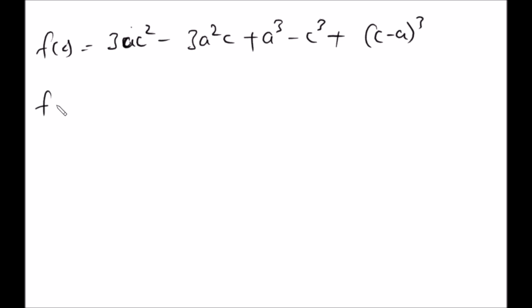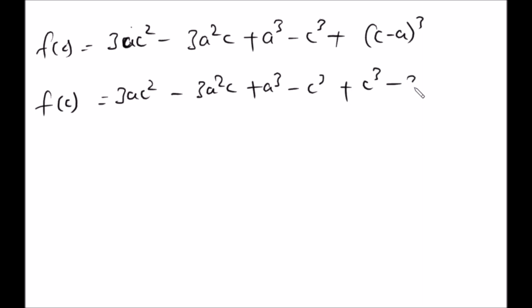So to expand huyo ya mwisho, fc atakuwa ni 3ac squared minus 3a squared c plus a cube minus c cube, so it's plus c cube minus 3c squared a plus 3ca squared minus a cube.